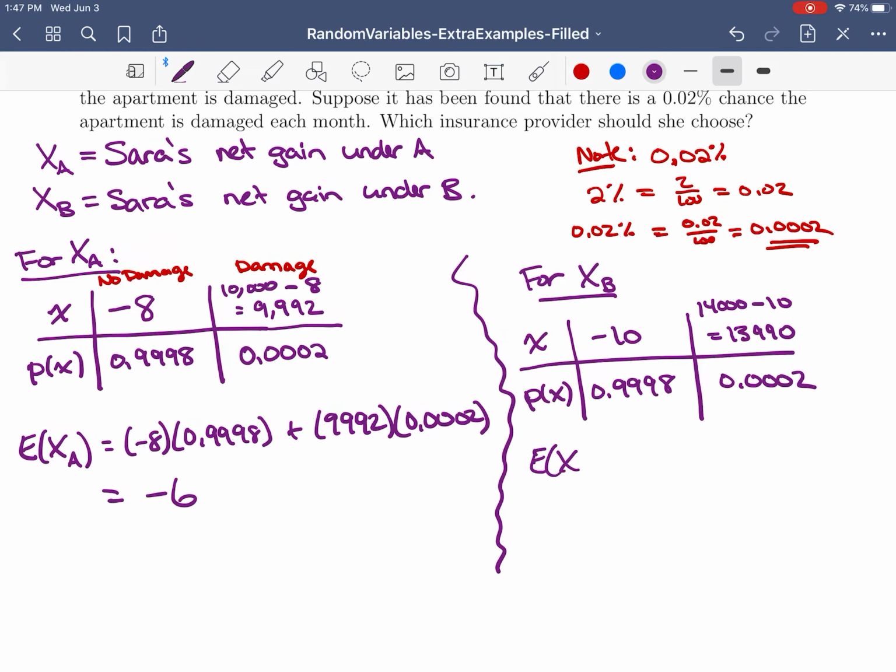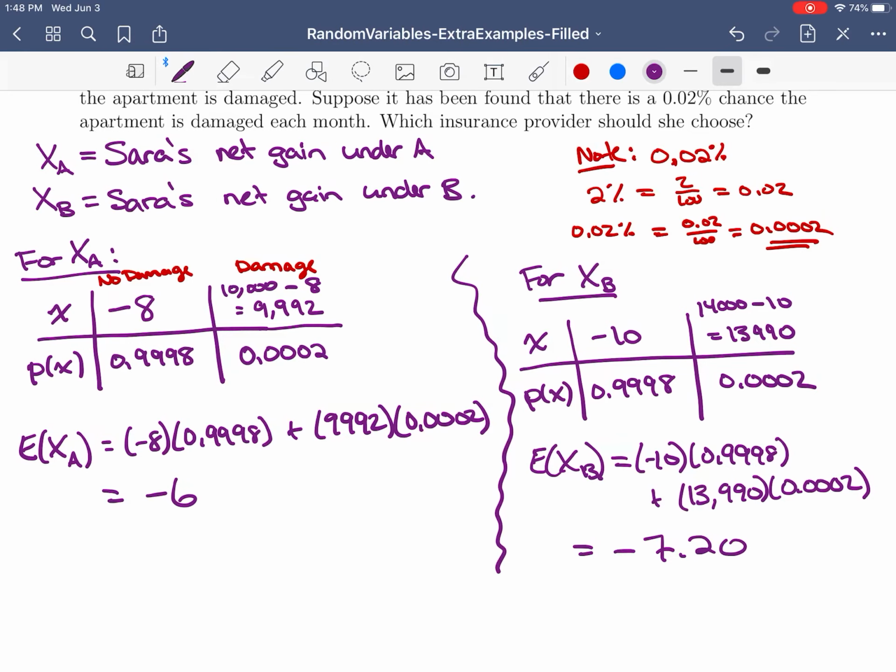So if we compute the expected value of XB, it's going to be negative 10 times 0.9998 plus 13,990 times 0.0002. And I think if we compute that, we get negative 7.2.